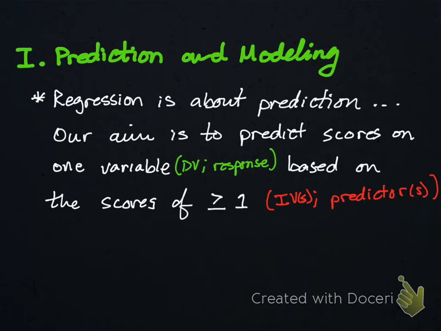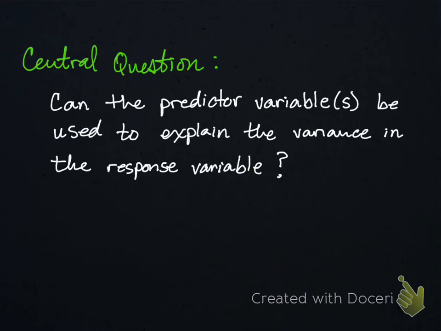So this leads us to a central question in the regression concept, and that is, can the predictor variable or variables be used to explain the variance in the response variable, of which we only have one?